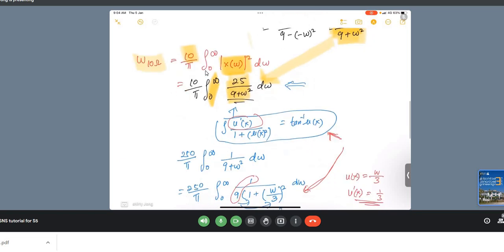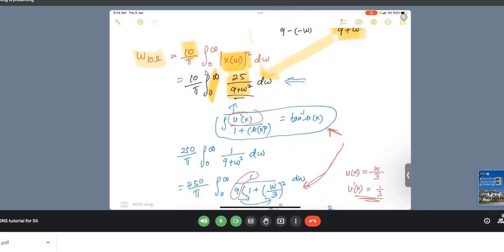If you integrate 25 over 9 plus omega square, you need to use a formula, you cannot straight away. Normally we don't have a fraction like this; we only have one exponential, without numerator or denominator. So this type of example is quite seldom seen.